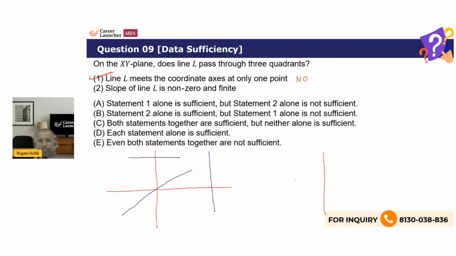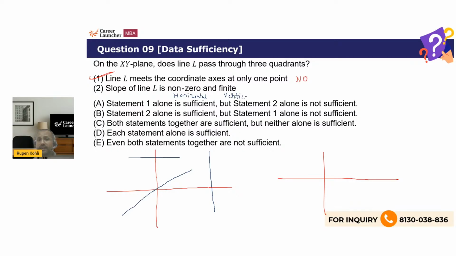Statement 2 says slope of line is non-zero and finite, basically implying that the line is neither vertical nor horizontal, because zero slope is there for a horizontal line, and a non-finite slope is possible when the line is vertical.